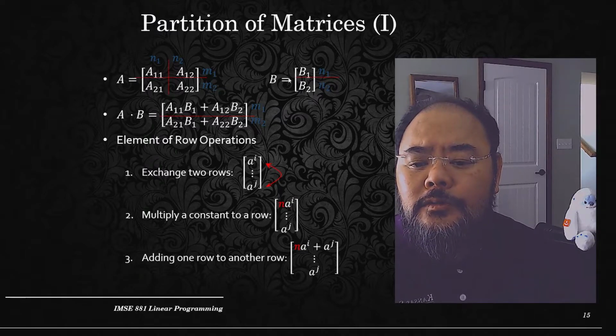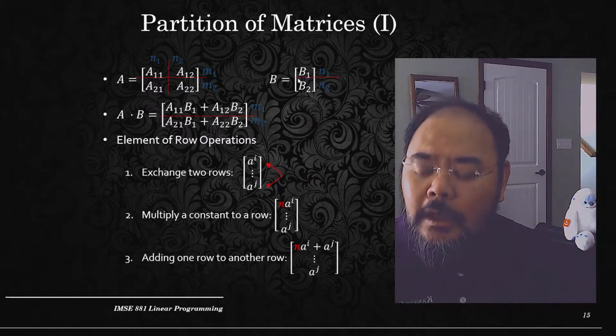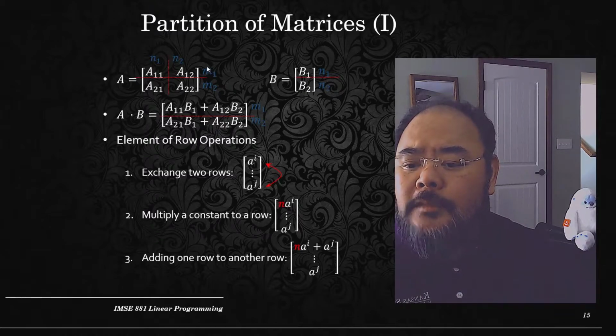And for the B matrix, we just do a horizontal partition, which is n1 and n2, the number of rows. So the columns are not partitioned. In this case, we can perform matrix multiplication, A times B, since the number of columns in the A matrix and the number of rows in the B matrix agree with each other.